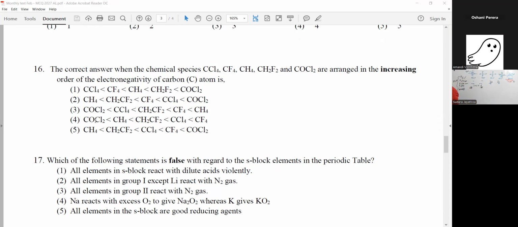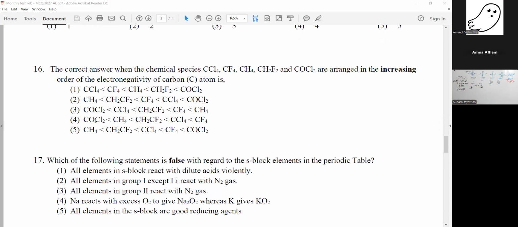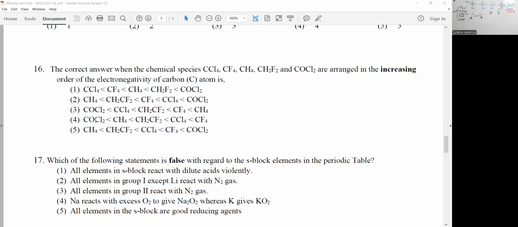Now let's go to the 17th MCQ. It is from the s block. It's asking for the false statement. The first one says all elements in the s block react with dilute acids violently. The word violent is somewhat doubtful because when magnesium reacts with dilute acid, it is not that violent.